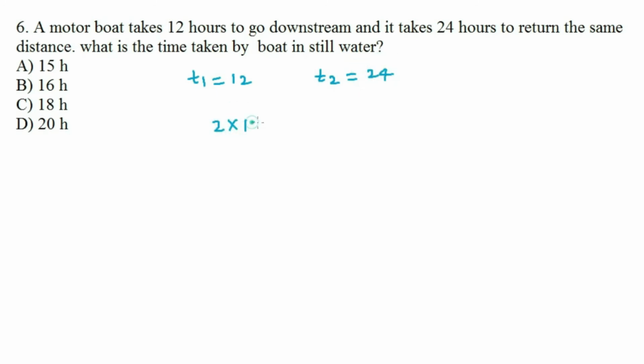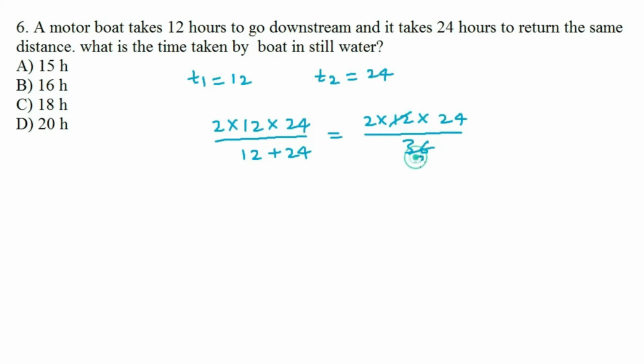Therefore, required time equal to 2 into T1 into T2 divided by T1 plus T2 equal to 2 into 12 into 24 divided by 12 plus 24, 36. 12 one time, 12 3 times, 3 one time, 3 8 times. 8 into 2, 16. 16 hours. Required time equal to 16 hours.